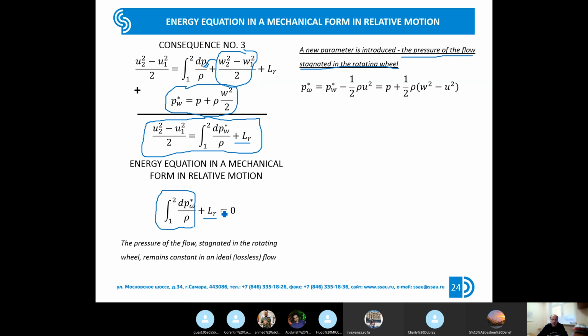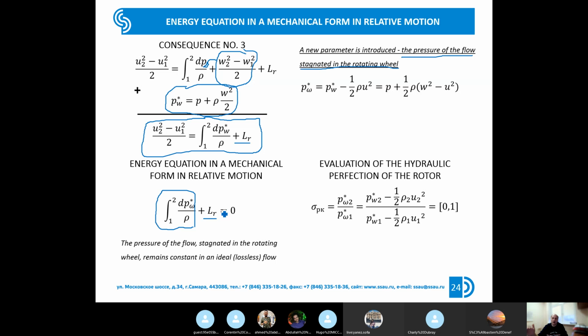And it means we could use the total pressure recovery coefficient to describe the hydraulical perfection of the rotor. It's the same approach as in the case of non-moving channels, which we discussed when we spoke about the Bernoulli equation.